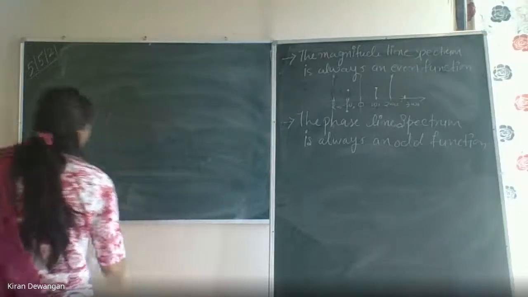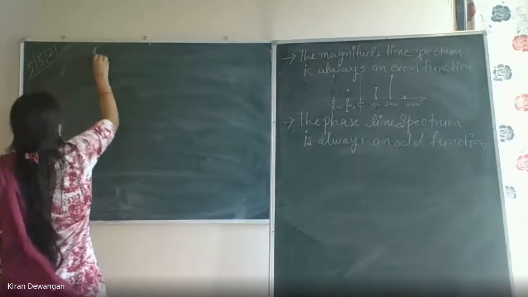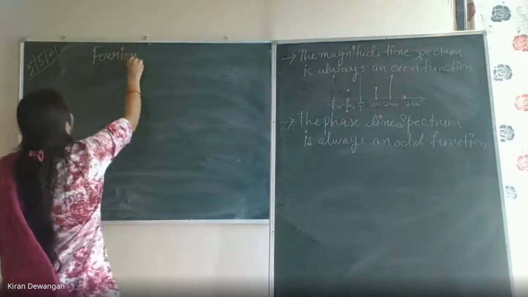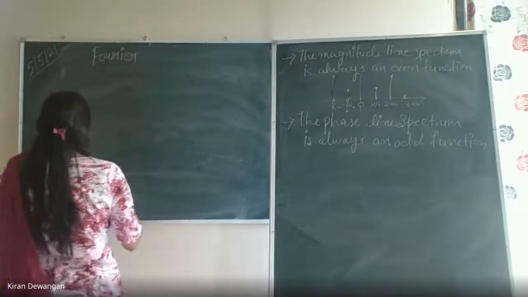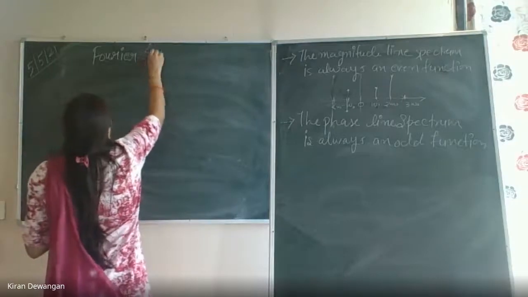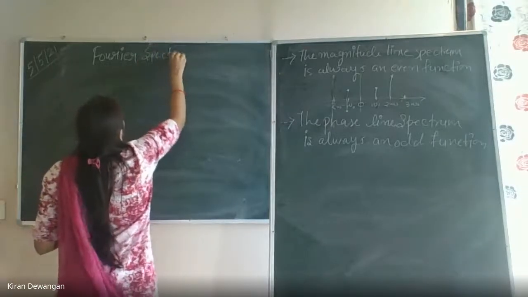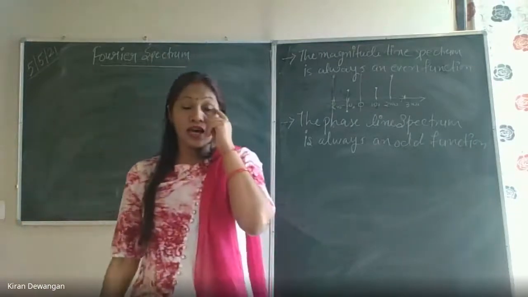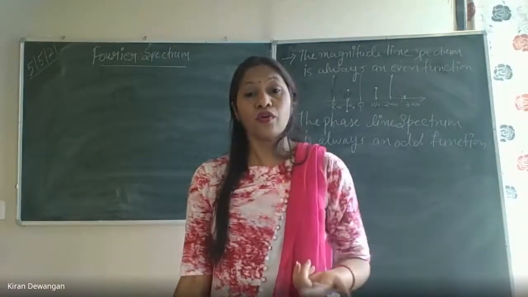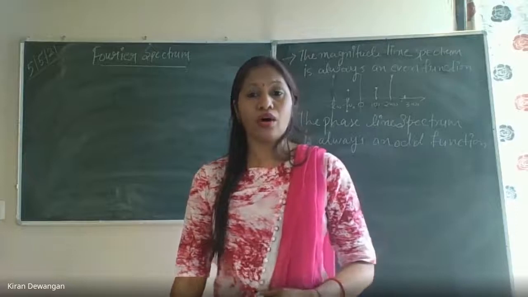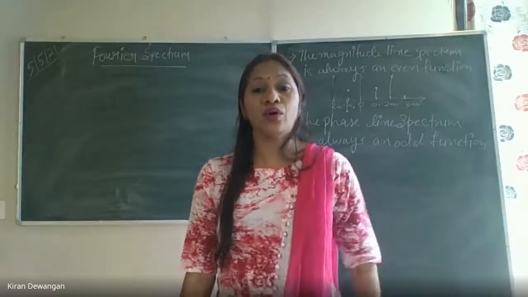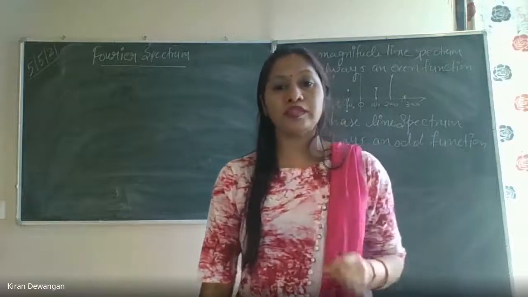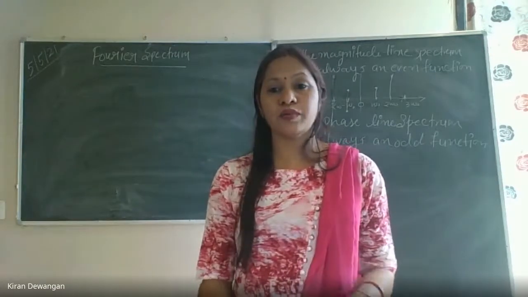Now we will just compare all the three forms of Fourier series and find in which one you will get a better Fourier spectrum, and which one is better in obtaining the Fourier spectrum. Can anyone say which form is better to obtain the Fourier spectrum?